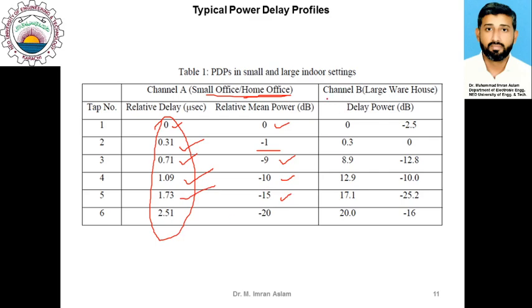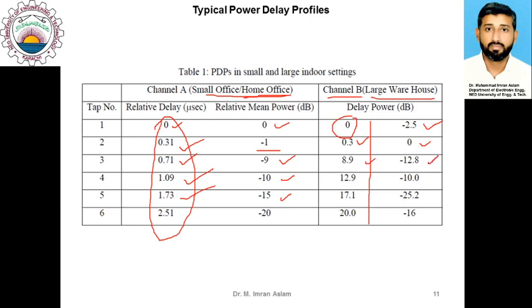Similarly, the same measurements were taken in some other type of environment, which is a large warehouse. You would see that again you can make a power delay profile. The power received for 0 delay, the reference delay, is -2.5 dB. For 0.3, the power received is 8.9 dB.